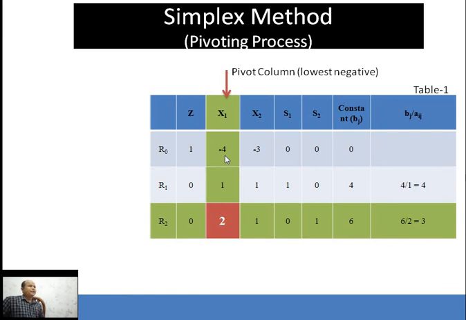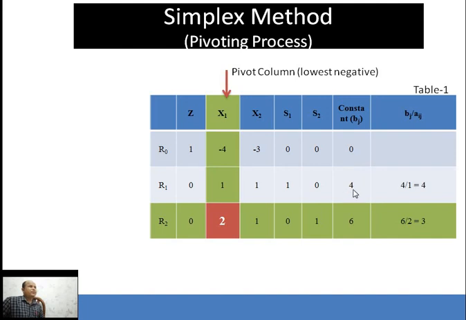By taking this pivot column, we have to identify the pivot row. So how to identify it? That is why we have added this bj by aij. Here we have to divide the constant by the elements of the pivot column. So it is 0.